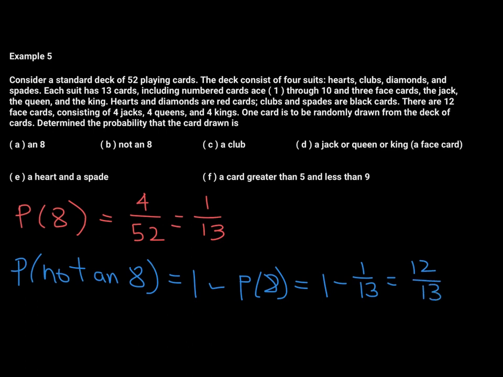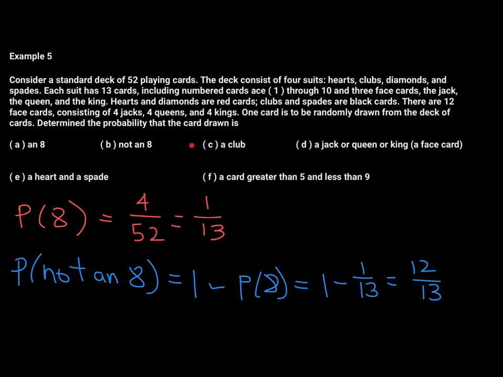So this tells me this probability is really close to 1. Therefore, it is very likely that when I choose a card at random, the card is not going to be an 8. It's actually going to be kind of rare that I would choose an 8. Okay? All right, let's go to the third one.